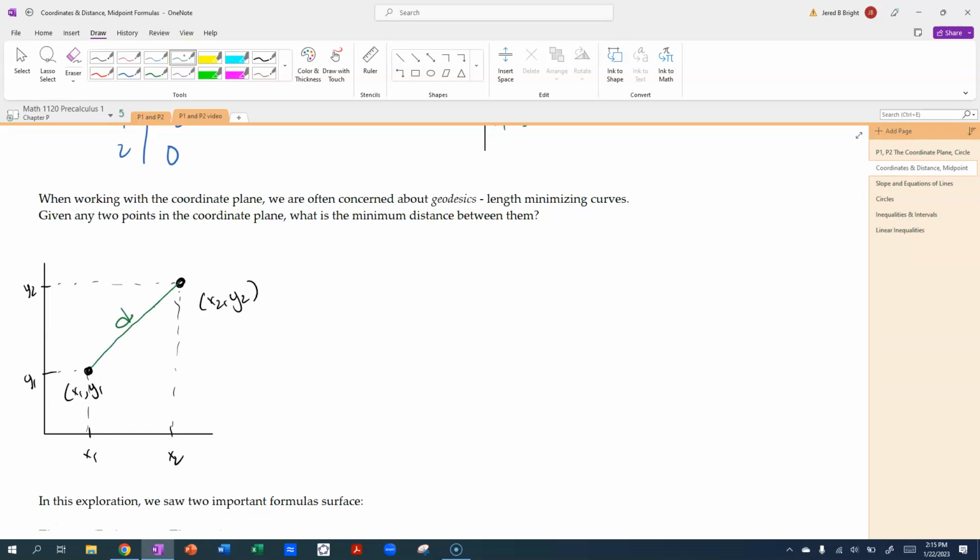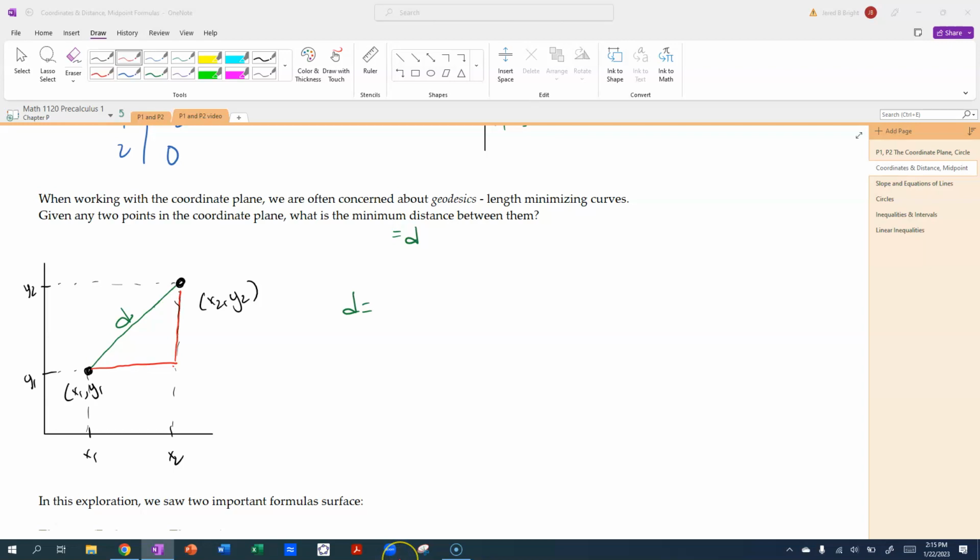Okay. Well, we want to find D. Okay. So that is D. Okay. How much is D? Well, this is where we might need to think a little bit, but if we investigate, right, we can imagine that to get from one point to the other point, I go over to the right and up some amount.